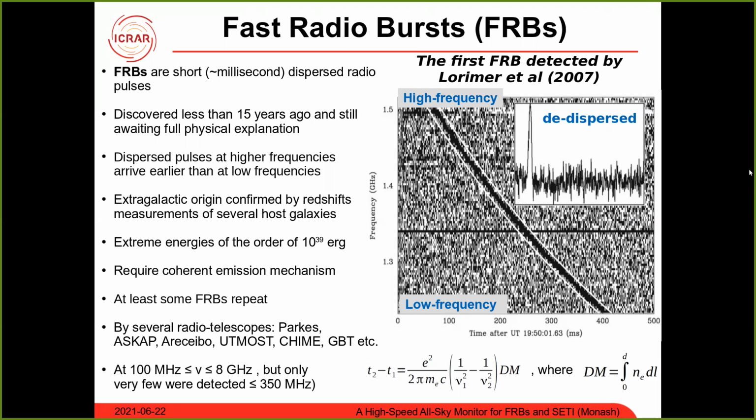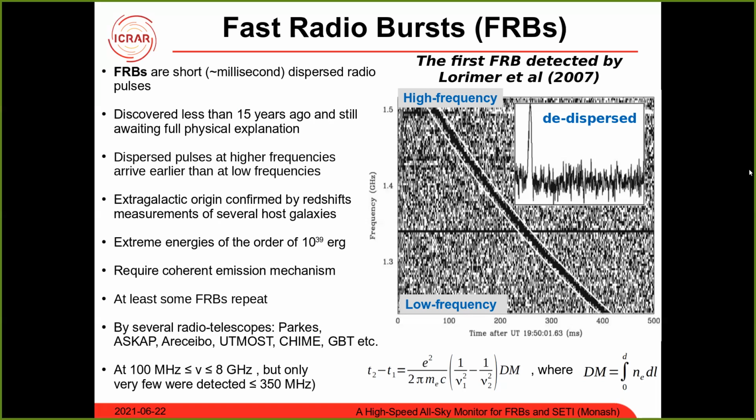In recent years, several of these events were localized, and their host galaxies were localized. This allowed us to measure redshift and establish that they are of extragalactic origin, and therefore it implied huge energies of the order of 10 to the 39 ergs, and hence requires a coherent emission mechanism.